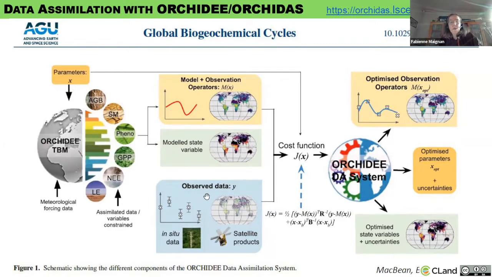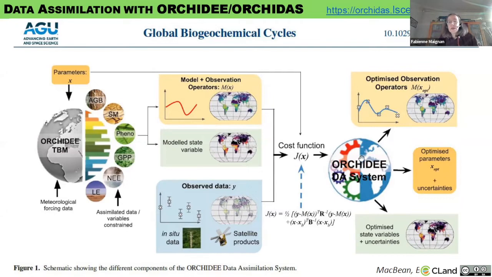So when your observed data is not directly your variable of interest, you have to model what we call an observation operator that will link your observed data to your variable of interest. And then you put all this in the cost function, as we have seen with Pedro.